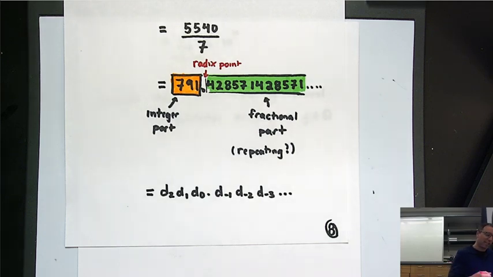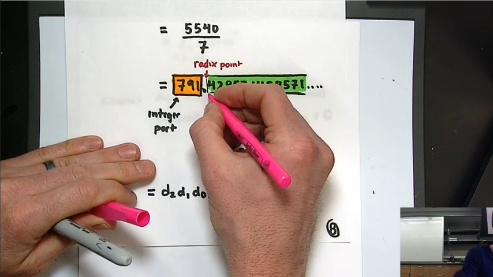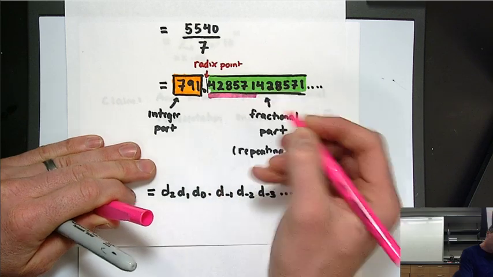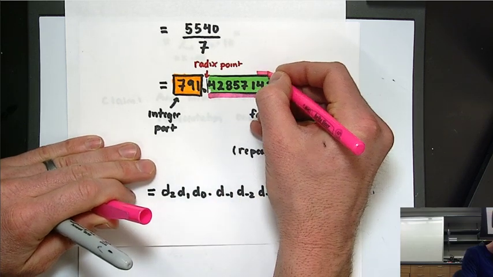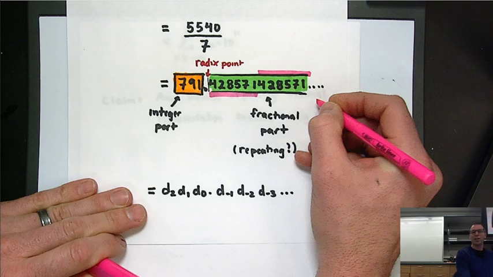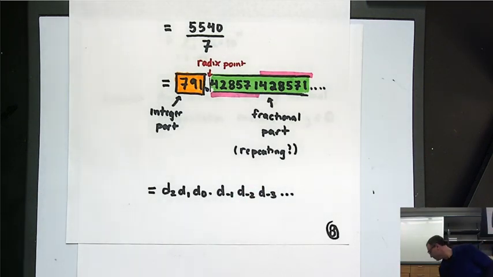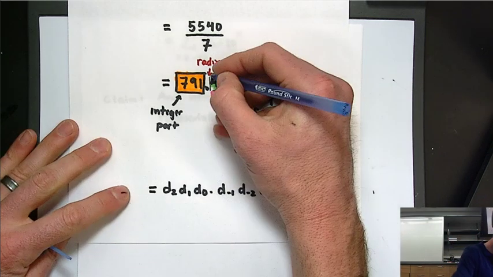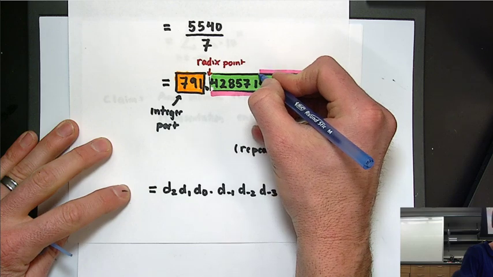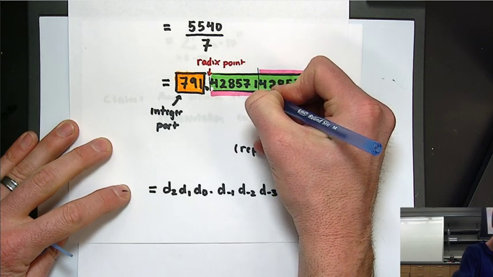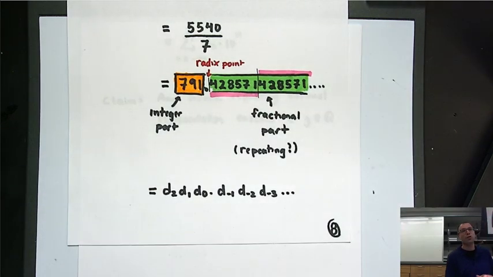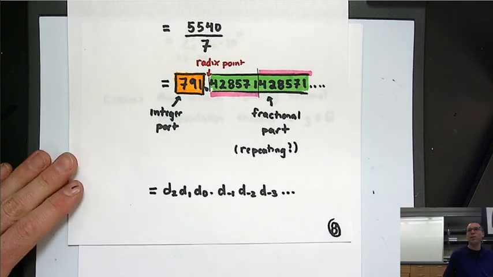So in this case, we could actually chunk this thing, right? There's chunk 1. There's chunk 2. Could you guess what the next chunk looks like? Yeah, go ahead and just read out the next chunk for me. Yeah, 428571, 428571, 428571.